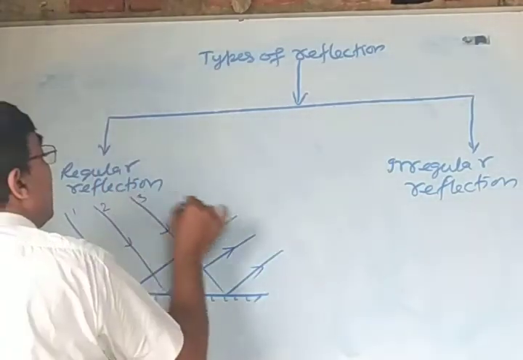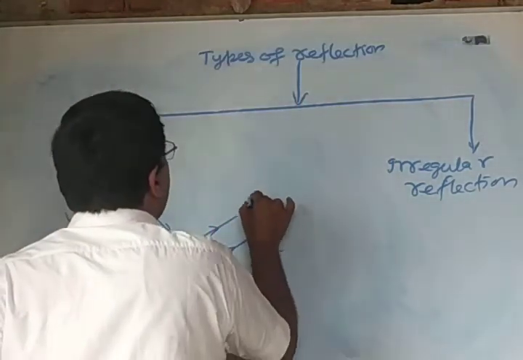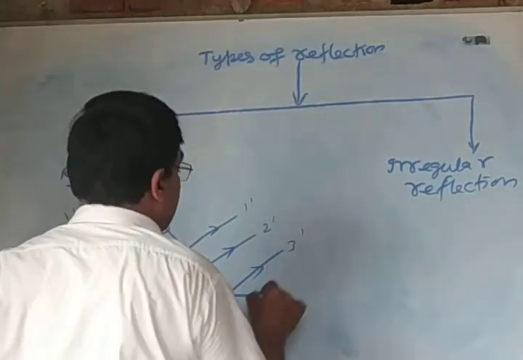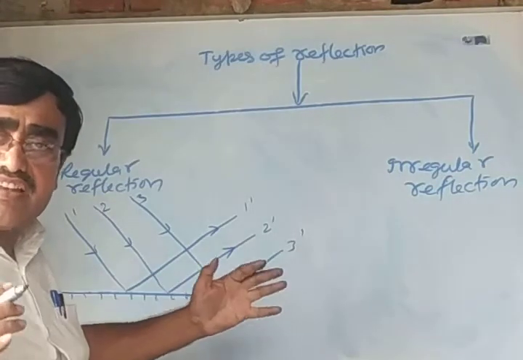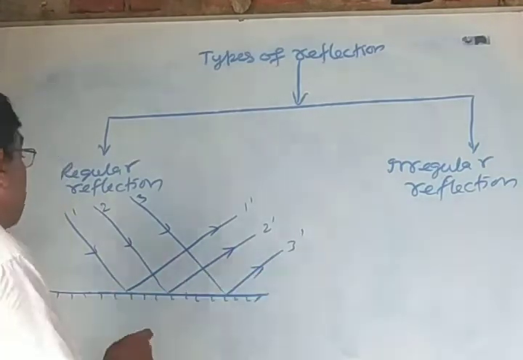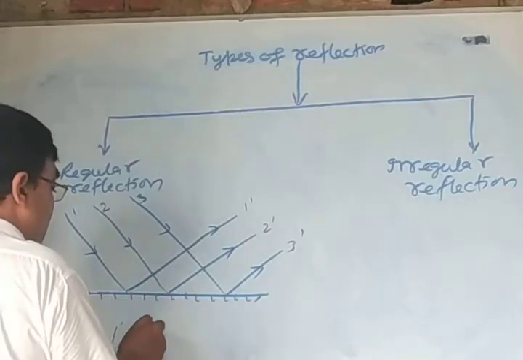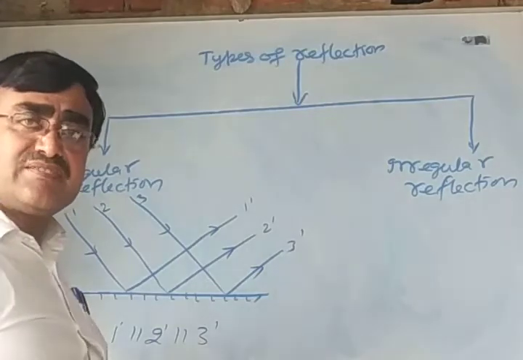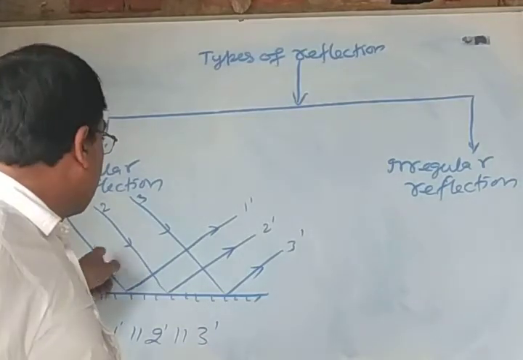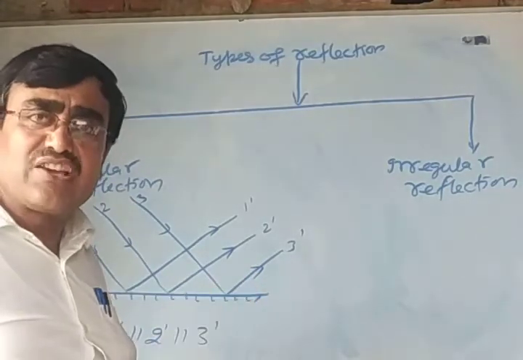Here 1, 2, 3 are incident rays, and 1 dash, 2 dash and 3 dash are reflected rays, parallel to each other. Hence, this is the case of regular reflection.